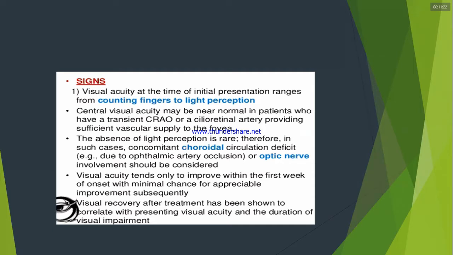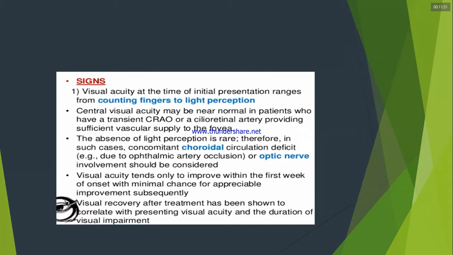So PL-PR accuracy is the last step when you are testing visual acuity, when the patient cannot count fingers. In case of CRAO, the vision will be that much diminished. The central visual acuity may be near normal in patients who have a transient CRAO, or if a cilioretinal artery is providing sufficient vascular supply to the fovea.